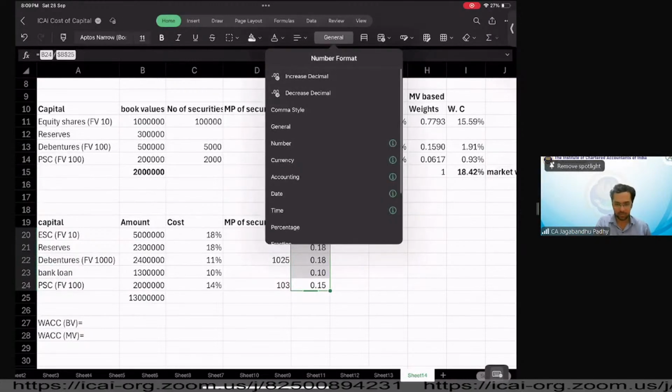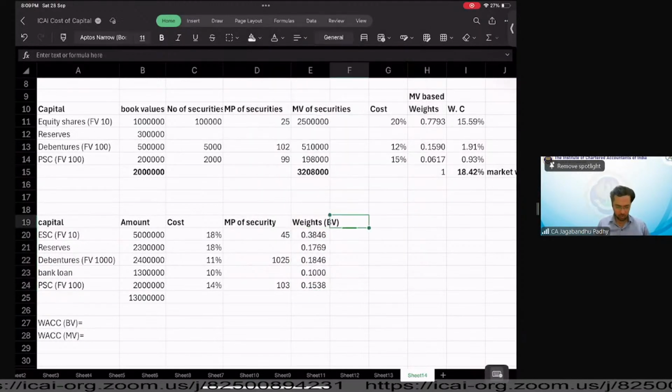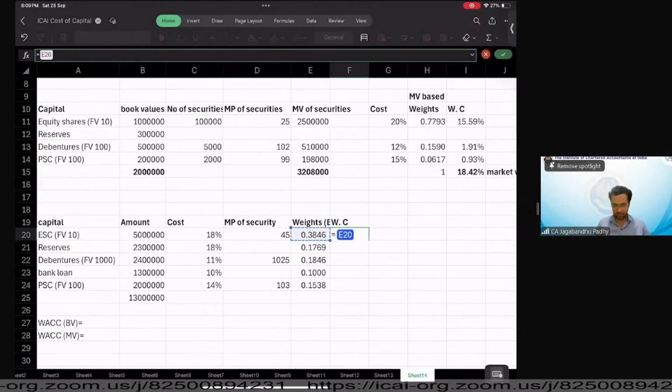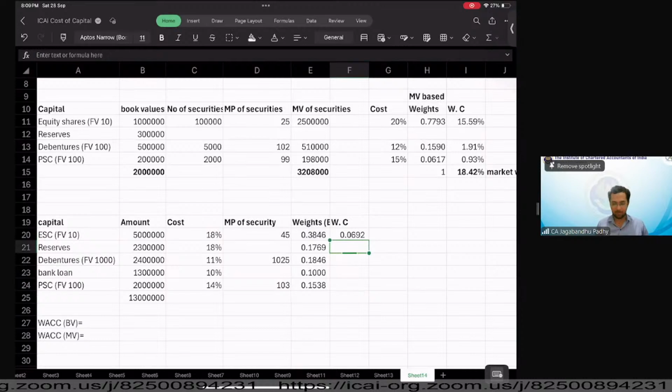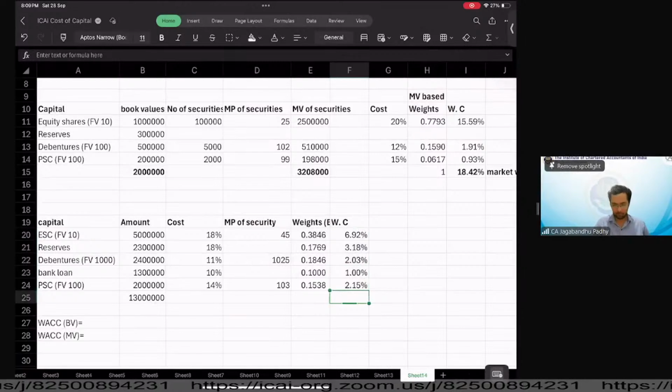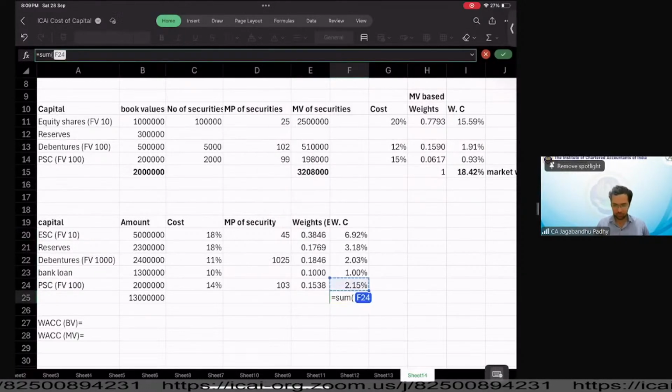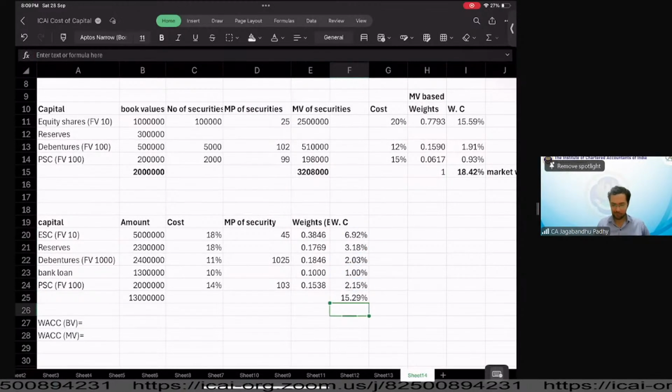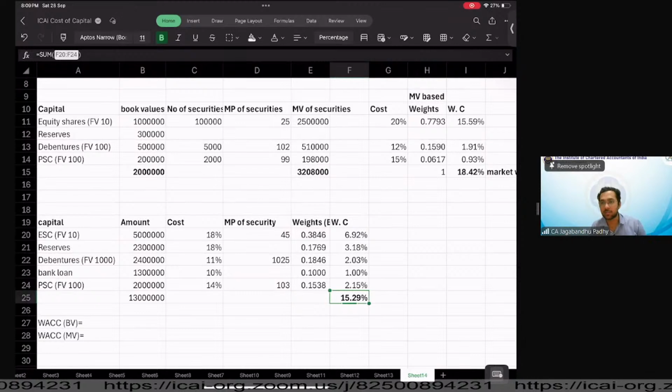Check if you are getting these weights. Then what we need to do is weights multiplied by cost. This is weights multiplied by cost. Totaling to 15.29%.